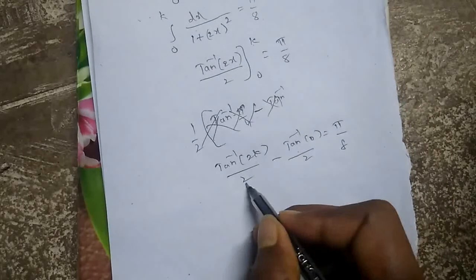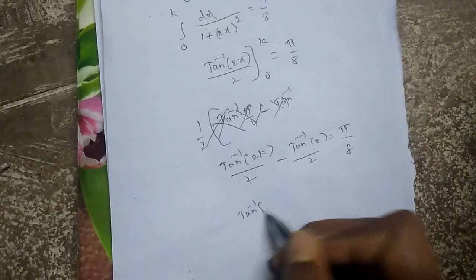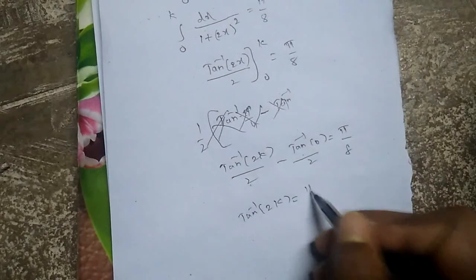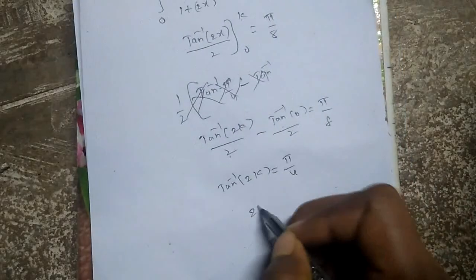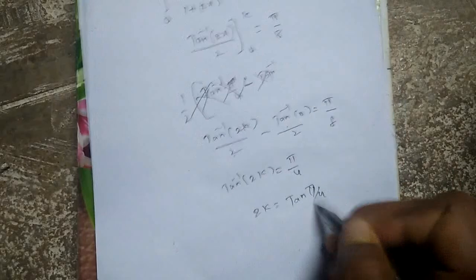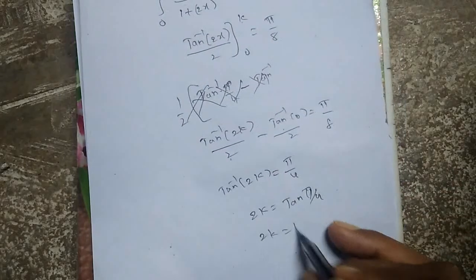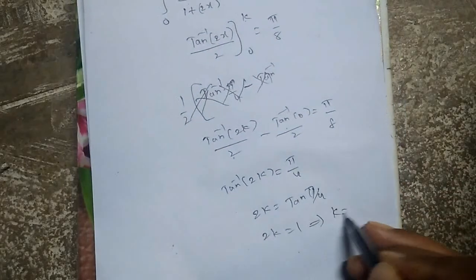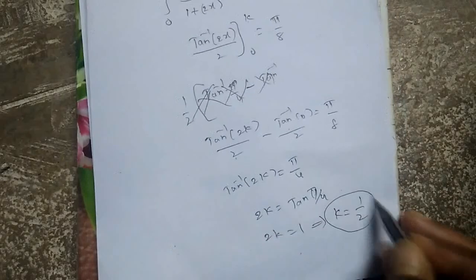This is 0, and this is pi by 4. Tan inverse 2k is equal to pi by 4, so 2k is equal to tan pi by 4, that is 1. 2k is equal to 1 implies k is equal to 1 by 2, which is the final answer.